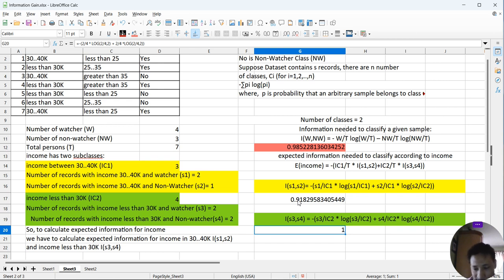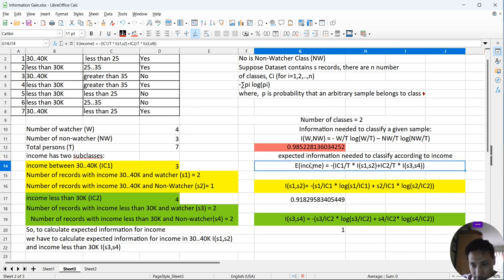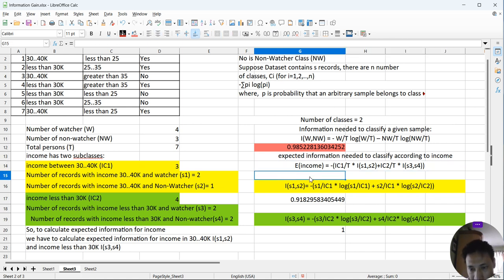Now we have to add these two values. So what we do is we will be adding like this. Okay, this is the formula. Now in this formula we have to insert the value like this: the IC1 by T, the IC1 is 3 by 7, multiplied by the value we have already calculated for S1 comma S2, this is the value.